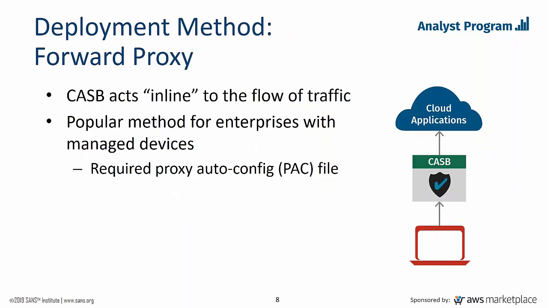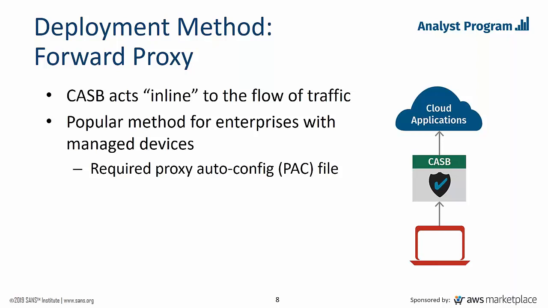And then the second method is using it as a forward proxy. Forward proxies act in line or very similar to what we use when we use a web proxy. The thing is, we have to use a PAC file, a proxy auto configuration file, so we can do some proxy chaining. This works great if we have some sort of endpoint management solution or way to push the configuration out to all of our workstations or endpoints.